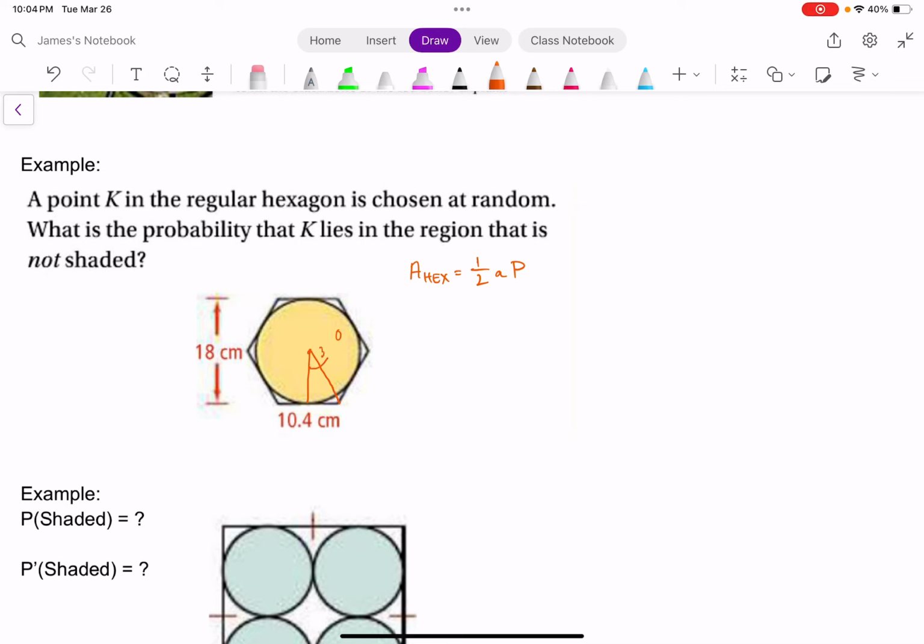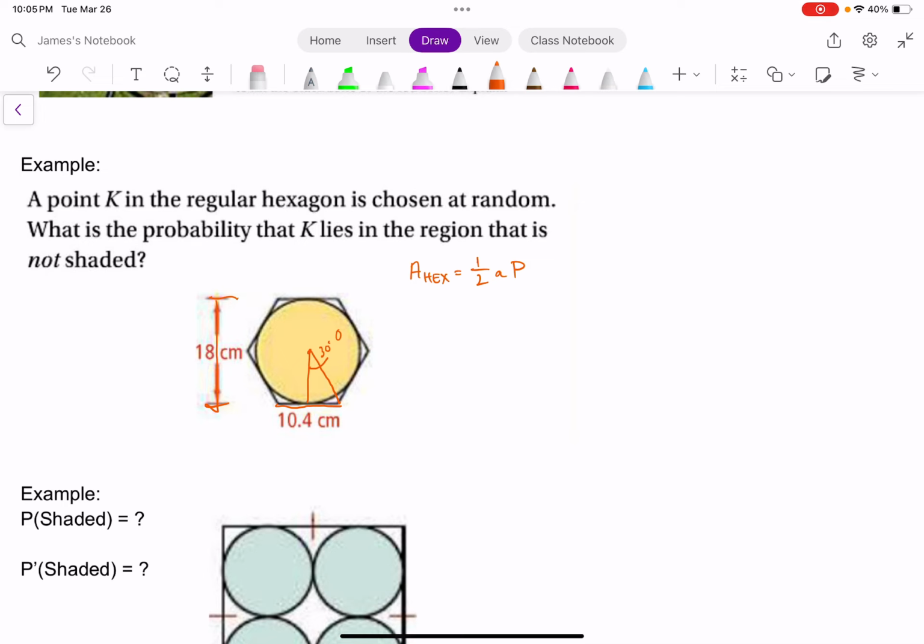So that's a 30-degree angle, okay? Now, what we find out is if this distance here is 18, okay? This distance here is 10.4, all right? I'm going to look at this 10.4 because that is a distance specifically to the hexagon.